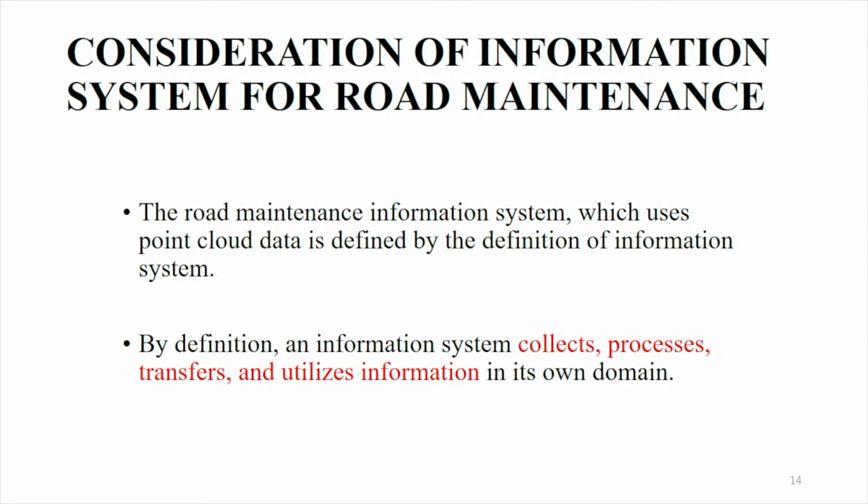And next is the road maintenance information system, which uses point cloud data and is defined by the definition of an information system. By definition, an information system collects, processes, transfers, and utilizes information in its own domain.